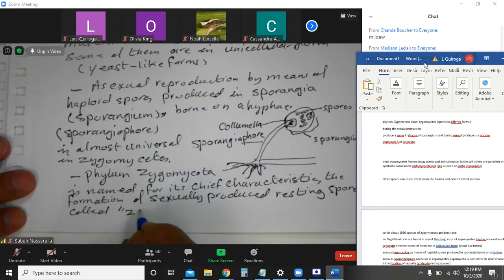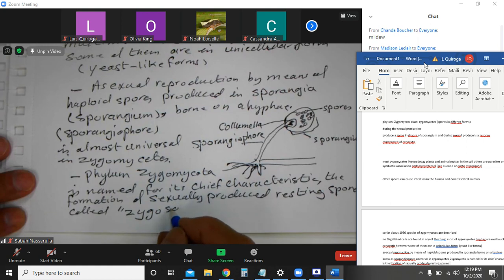That's why we call it zygomycete, because during sexual reproduction they produce these zygospores.